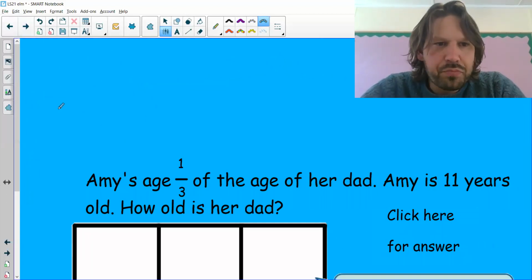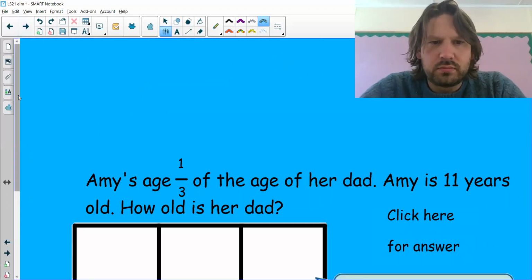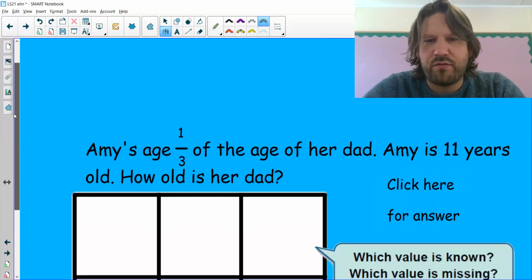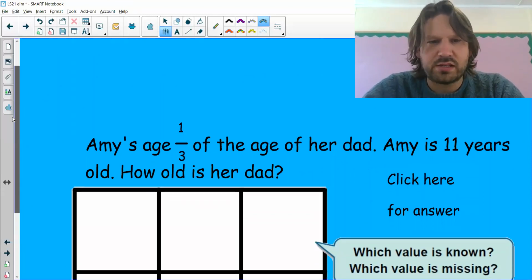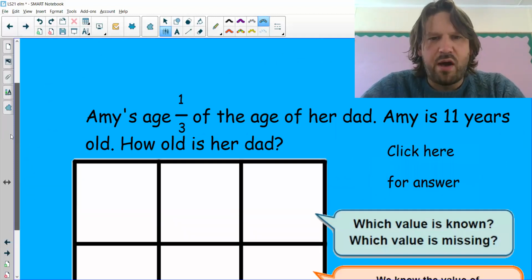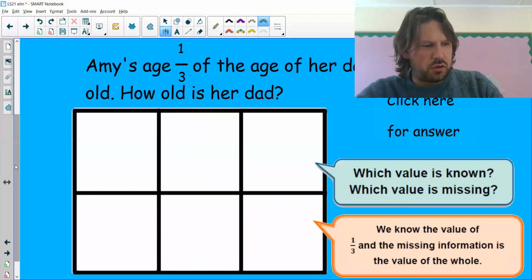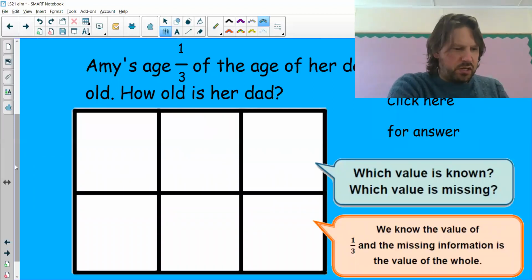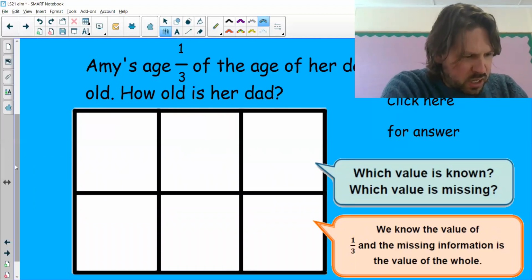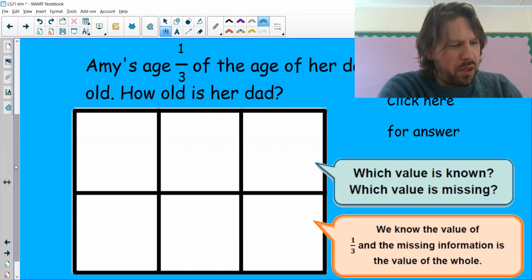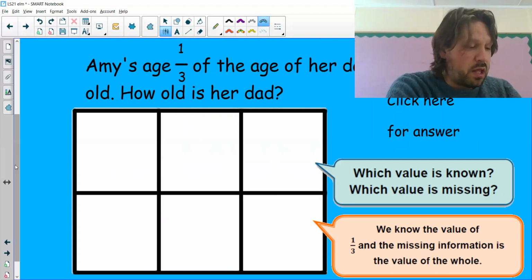Okay, Amy's age is a third of her dad. Amy is 11 years old. How old is her dad? So I want you to use this square. So you can draw this 3 by 2. I want you to use this bar chart, bar model.